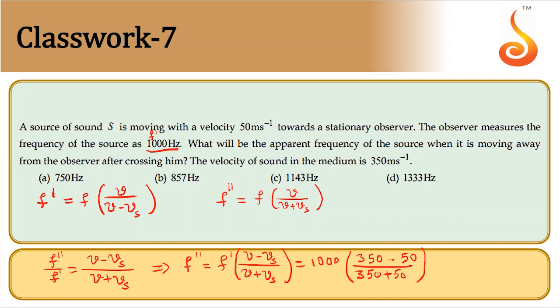So this will be 300 by 400, that is 1000 into 3 by 4. So 250 into 3, that is 750 hertz. That is option A. See, we don't know the value of f, so dividing the two equations will reduce the effort.